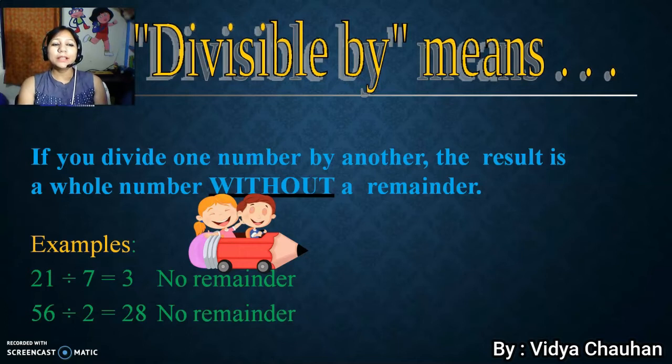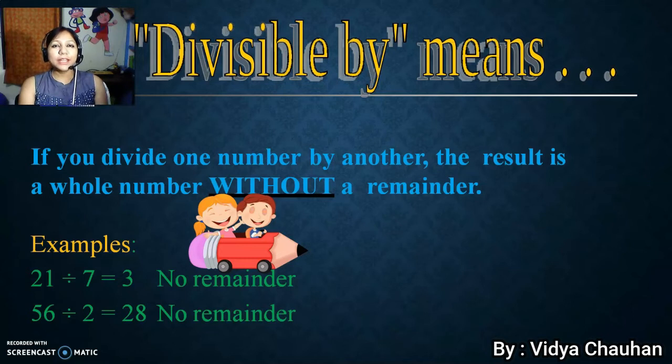For example, if I write 21 divided by 7 equals 3 and there is no remainder here, that means the remainder is 0. So in that case, I can say in another manner that 21 is divisible by 7. Similarly, if I divide 56 by 2, the answer is 28 and the remainder is 0.